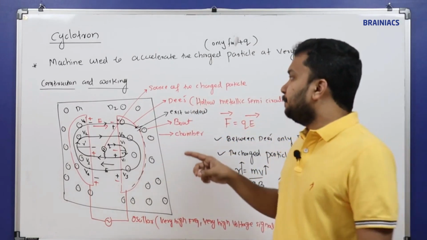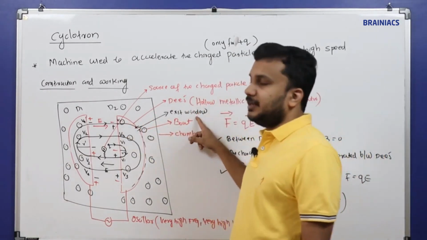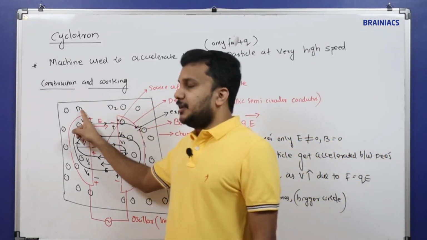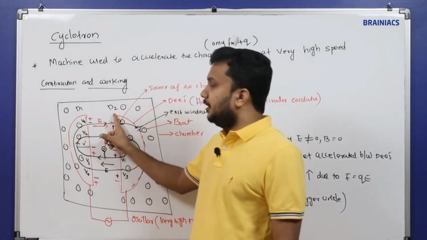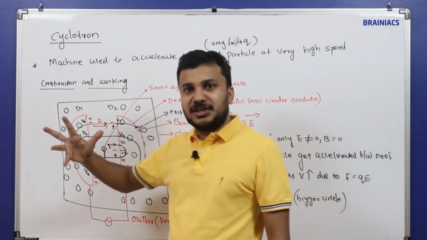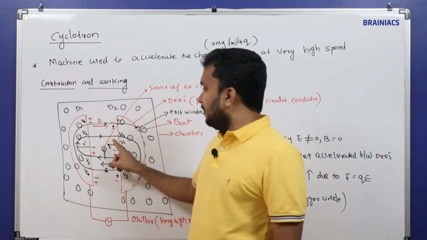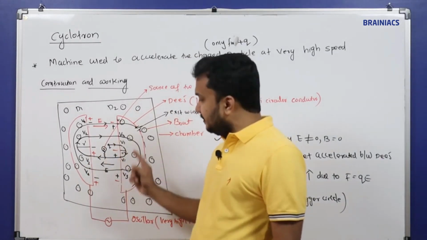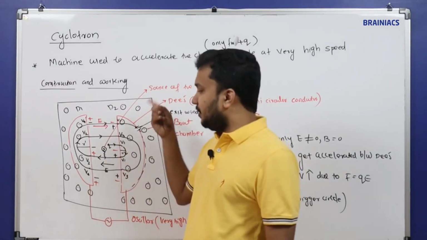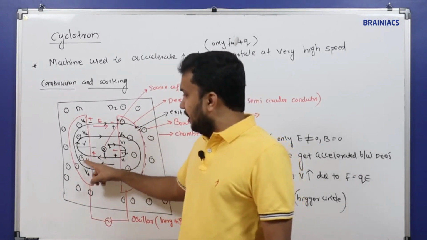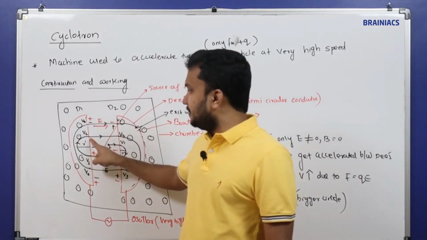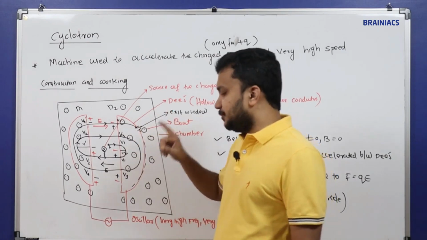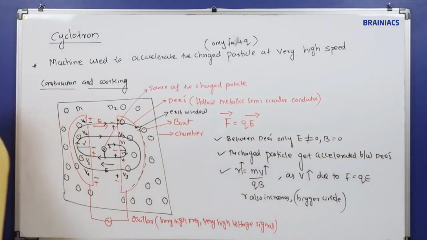After some time, these particles will go out of the exit window. The polarity of D1 and D2 changes frequently. Whenever the particle reaches exactly here, at this time this plate becomes positive and this plate becomes negative. Whenever it reaches here, at exactly the same time this becomes positive and this becomes negative. So this will happen.